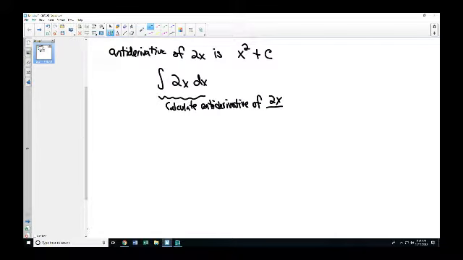You could also say the integral of 2x is, this is a word we will get very familiar with. So there are two ways to say that.